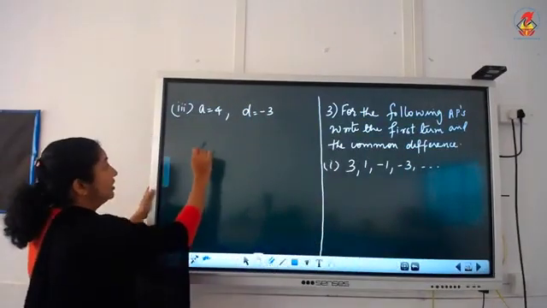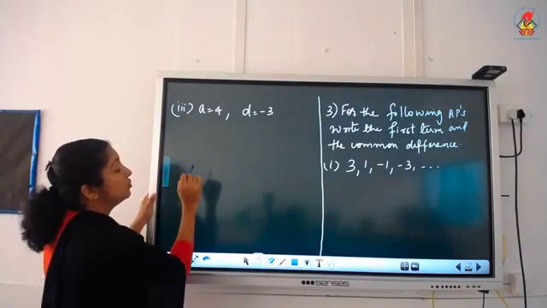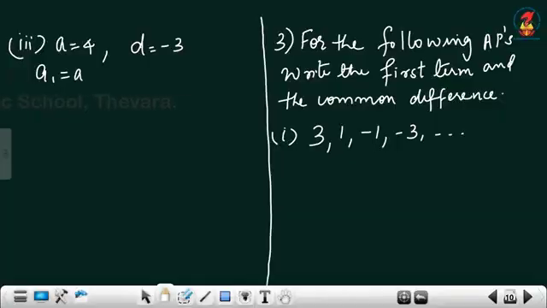Then in the same question, the third subdivision, A is equal to 4 and D is equal to minus 3. So A1 is equal to A, which is equal to 4. A2 is equal to A plus D, which is equal to 4 minus 3, which is equal to 1.